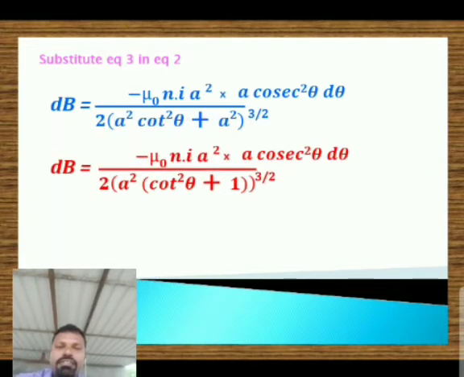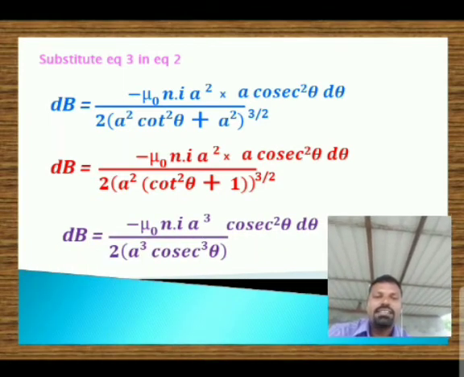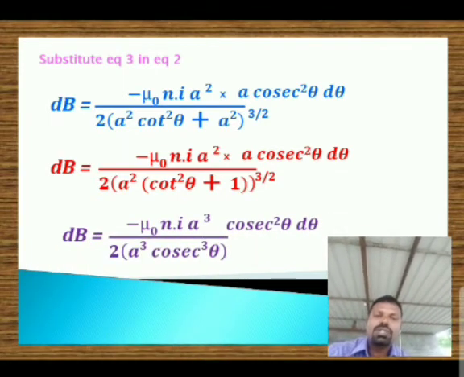Since cot square theta plus 1 is cosecant square theta, with power 3 by 2 we get cosecant cube.